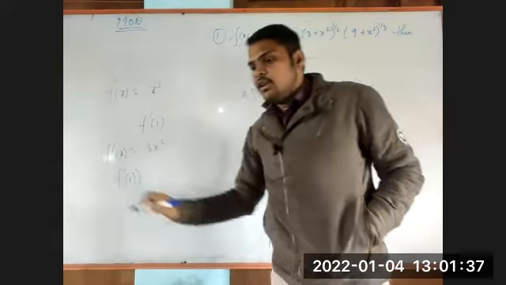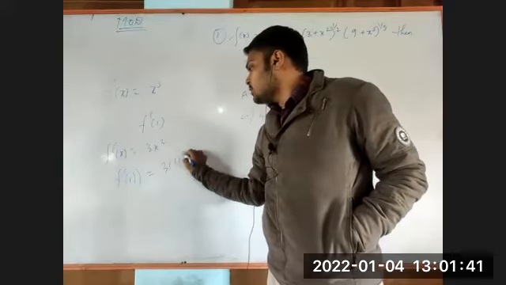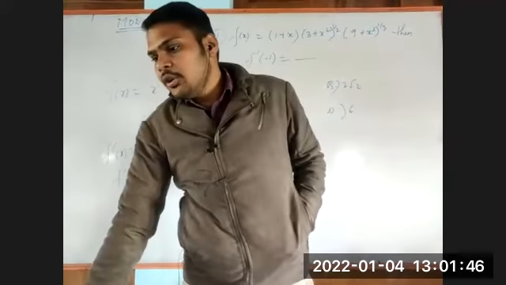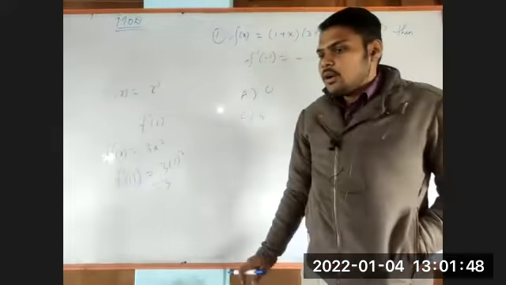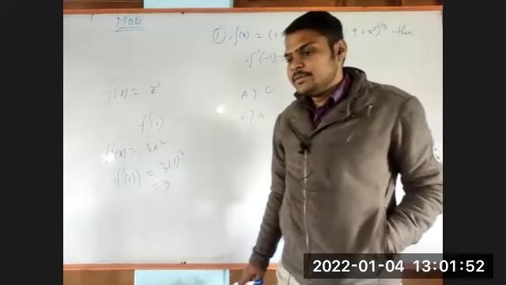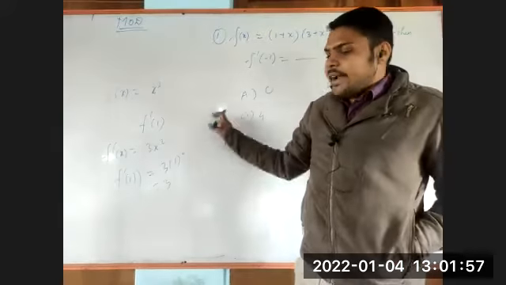So it is 3 into 1 squared, which is 3. So you have to put the value of x at the last. Are you getting any idea of that?